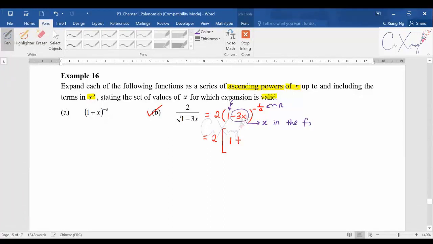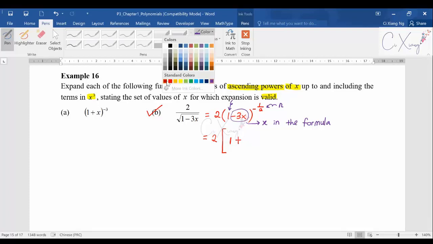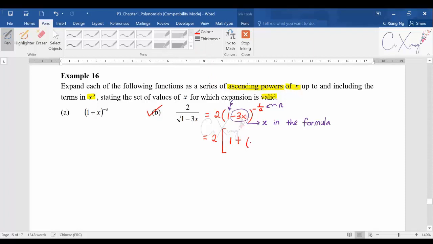All right, so you should remember, you should know this. So the negative 3x is actually the x in the formula. Okay, so n is negative half, and then x is negative 3x.